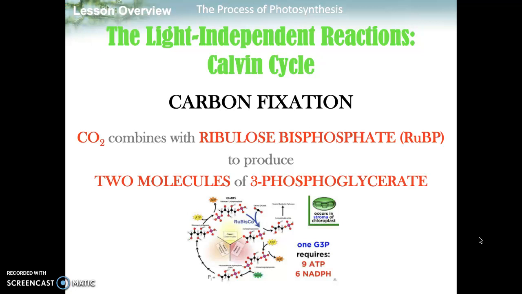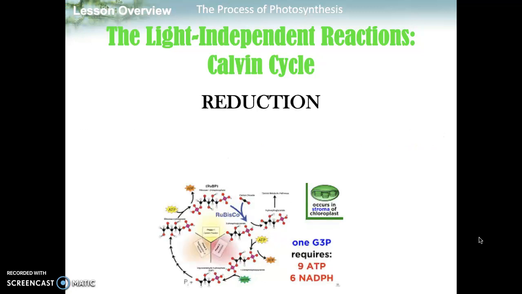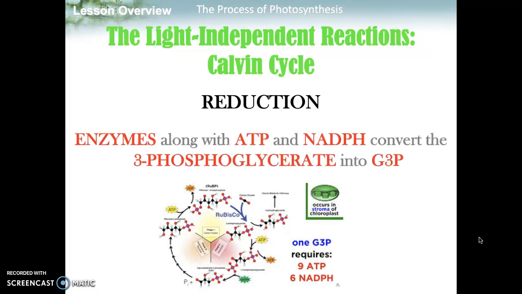3-phosphoglycerate. After that has occurred, after we use our carbon dioxide, we are going to go through a process called reduction. What happens during reduction? Again, we're going to use some special enzymes, and I'm not going to worry about you knowing the names of the enzymes. We're going to take those enzymes along with that ATP and NADPH that we had produced during the first half of photosynthesis, and we are going to convert the phosphoglycerate into a substance called G3P.